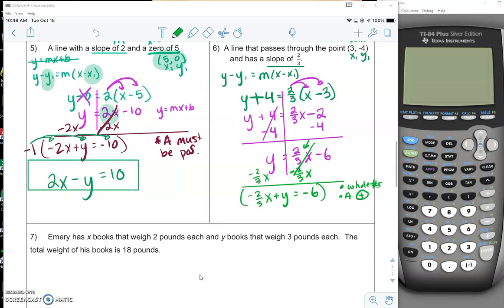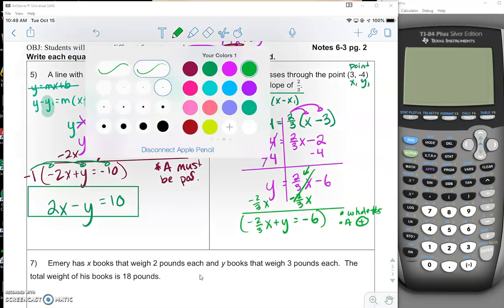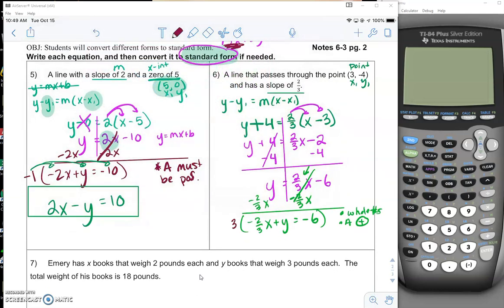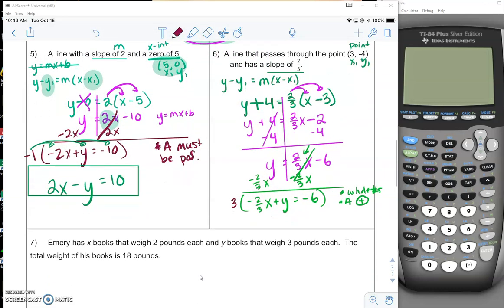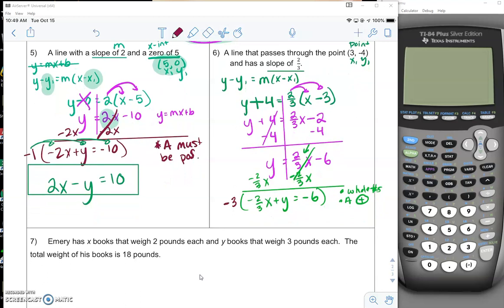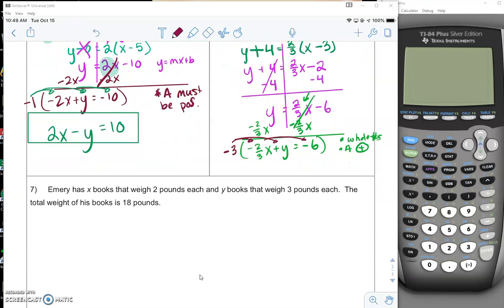To meet those two conditions, I need to multiply by the denominator to get rid of my fraction, and in order to make a positive, I need to multiply by a negative. -3 times -2/3 makes positive 2x, -3 times y is -3y, and -3 times -6 gives us positive 18. Our equation is now in standard form.